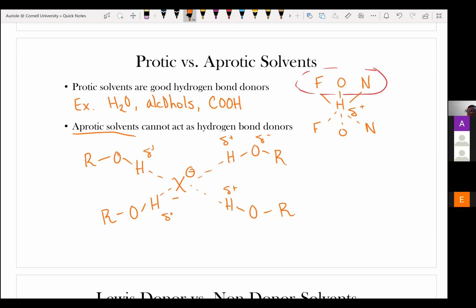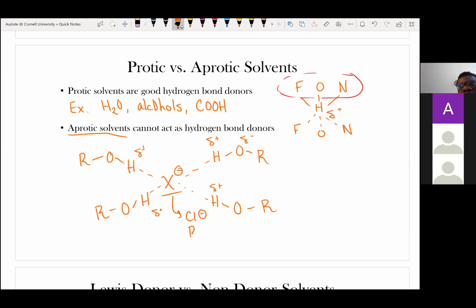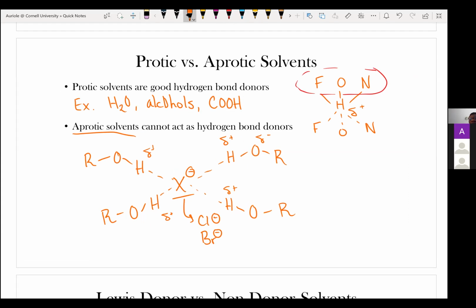So if this is something like Cl minus, we would be having our dipole-dipole interactions. And if it's something like, I don't know, bromine, oh, sorry, not bromine, something like fluorine, that'll be our hydrogen bonds. So if it's Cl minus, that'll be our dipole-dipole interactions, and if it's fluorine, that'll be our hydrogen bonds. But the bottom line is that these protic solvents are able to stabilize this negative charge that we form.